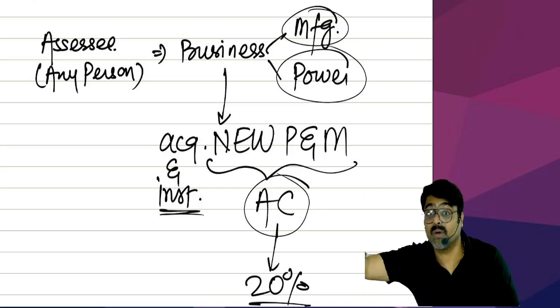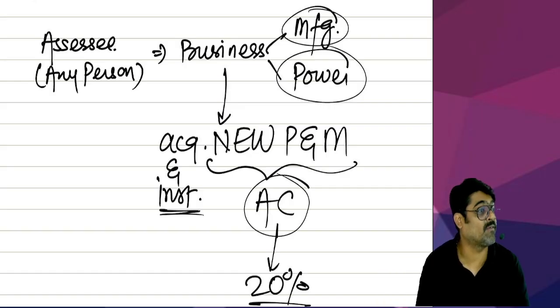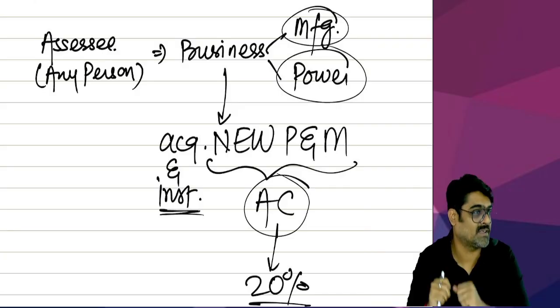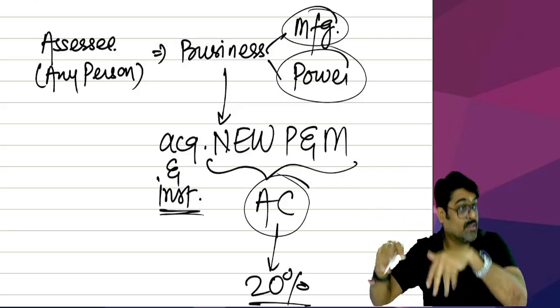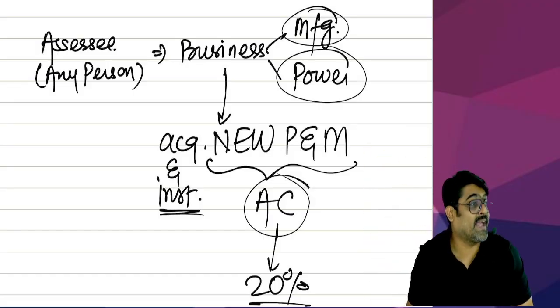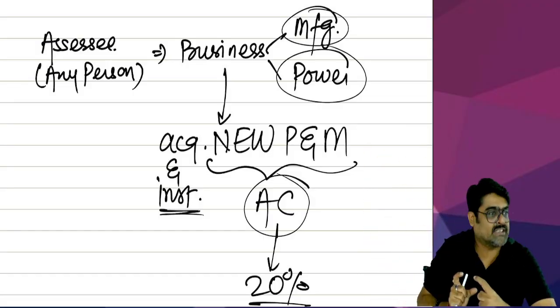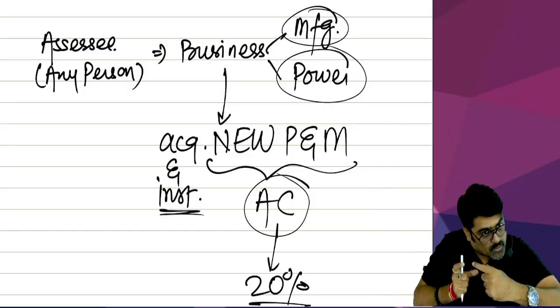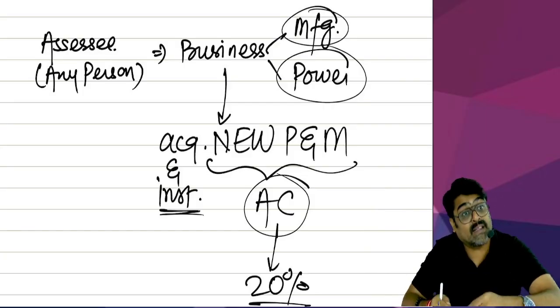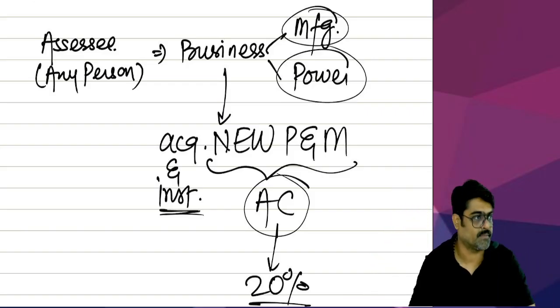Because in the subsequent years, now the additional depreciation will not be available, because in the subsequent year, the asset is not a new plant and machinery. And that is not the year in which the asset is acquired. So in those years, the additional depreciation will not be available. So you are going to lose this 10%. Don't worry, you will not lose this balance 10%. We are going to allow you the balance 10% in the immediately following previous year.